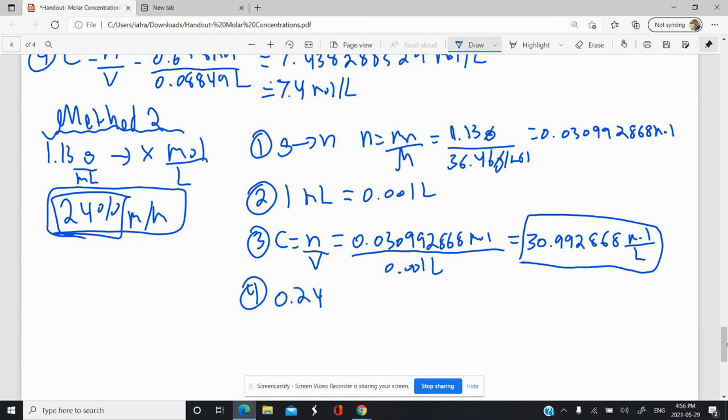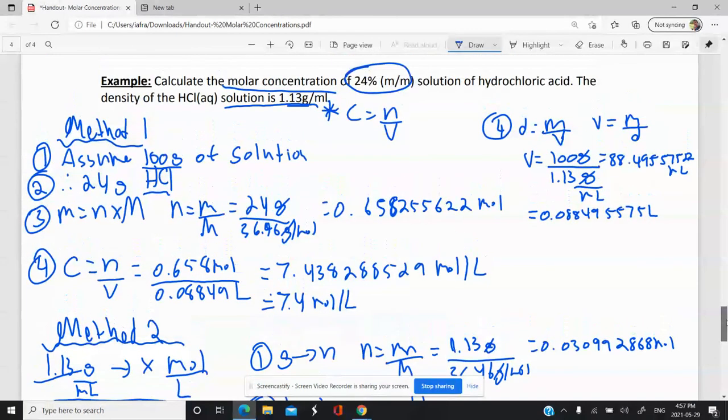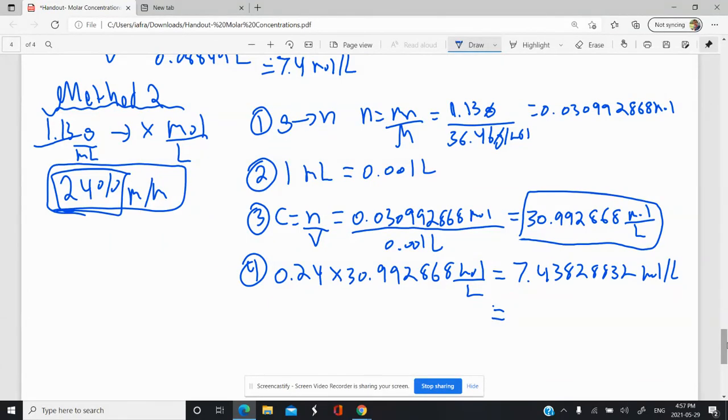So we get 0.24 times the 30.99288 moles per liter, and we get 7.43828832 moles per liter, which is approximately, since the smallest number of sig figs is 2, 7.4 again moles per liter. That brings us back to the same answer that we got over here, just using a different method.